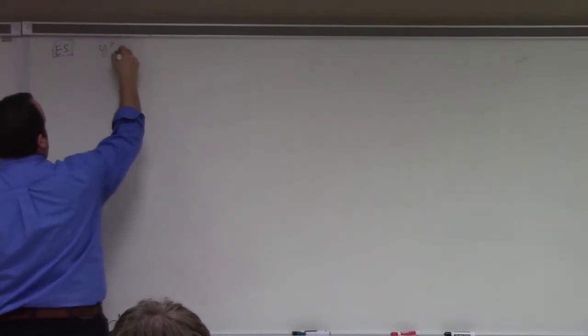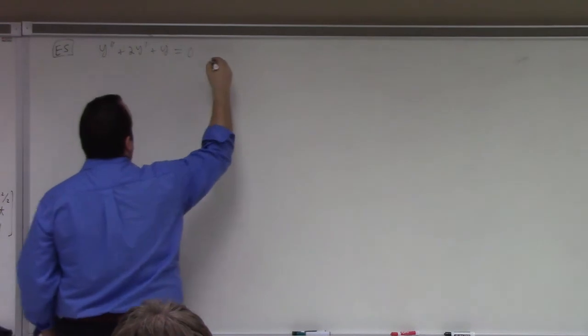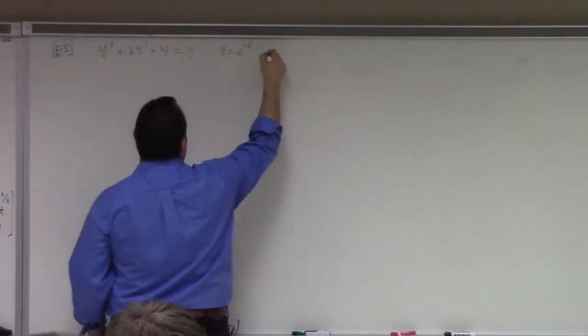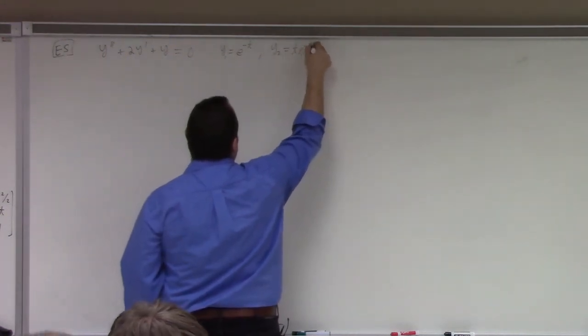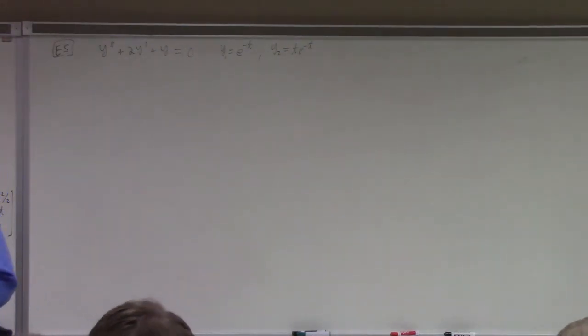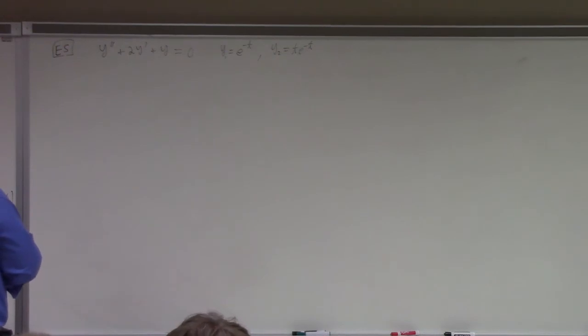So if we have y prime prime plus 2y prime plus y equals 0, you know that y1 equals e to the minus t, and y2 is t e to the minus t. Those are solutions which appear, right? Because we've got a repeated eigenvalue of lambda equals minus 1.